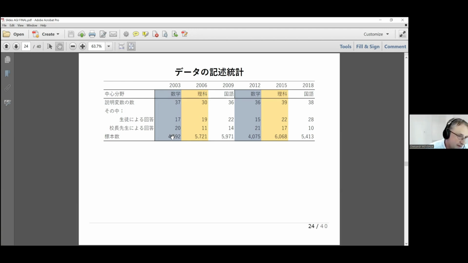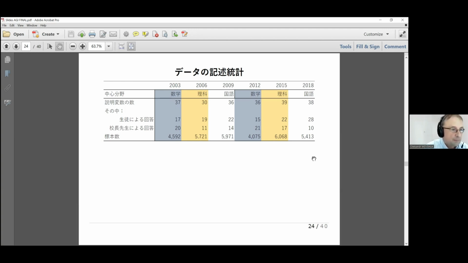So these questions that students answer are about 20, and roughly the same number for school principals, although the numbers could sometimes be relatively low, for example, in 2018, with just only 10 variables available.